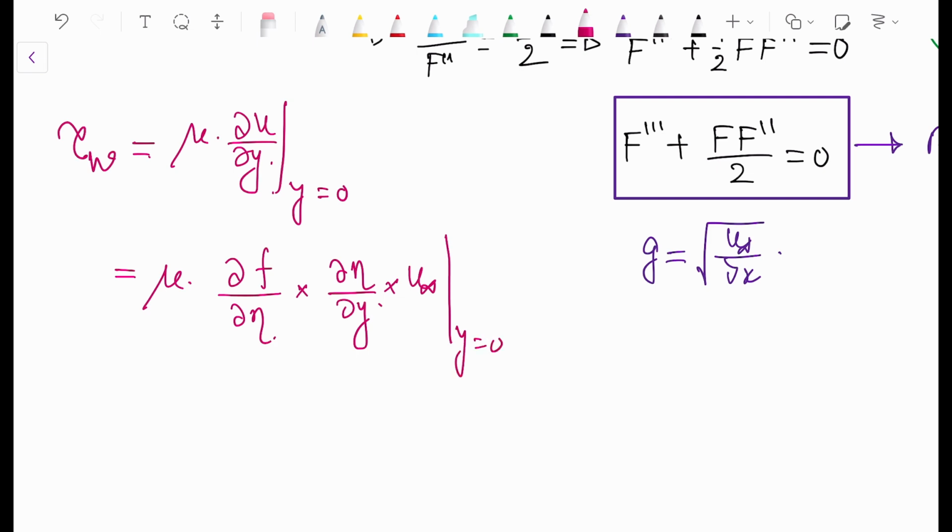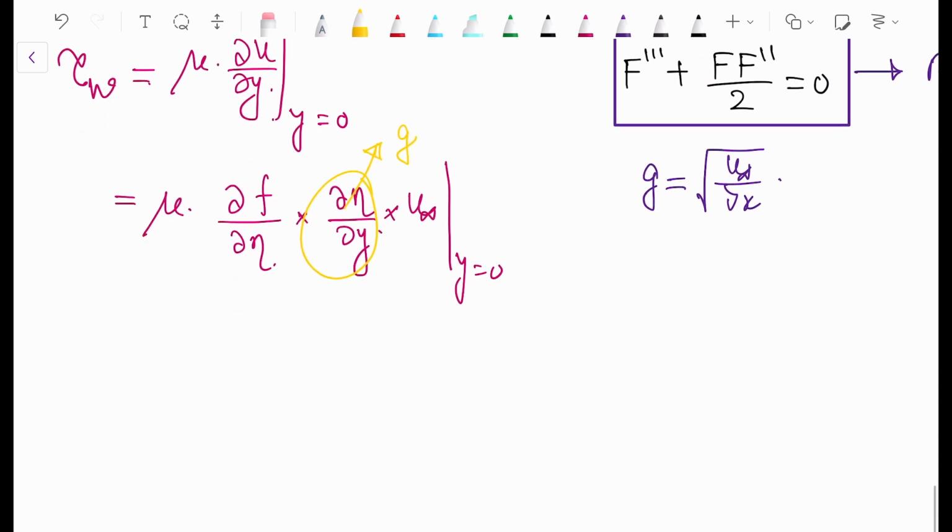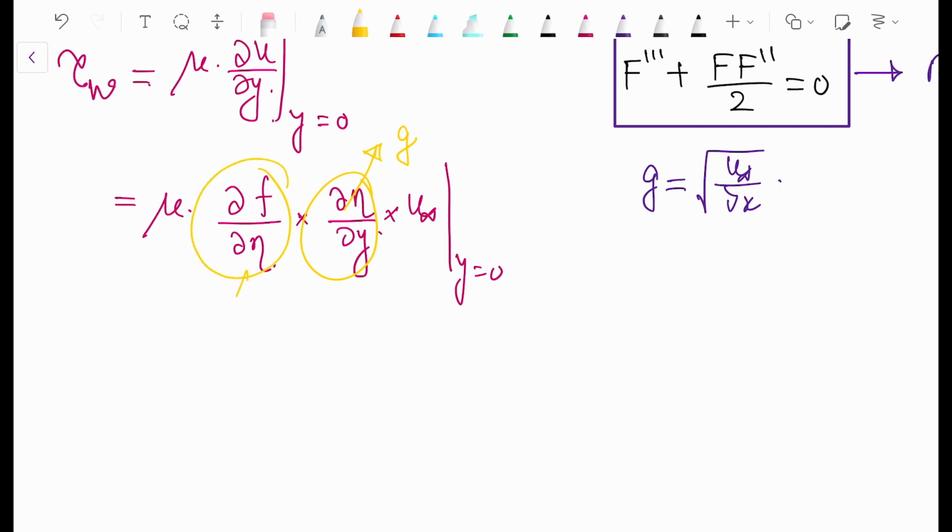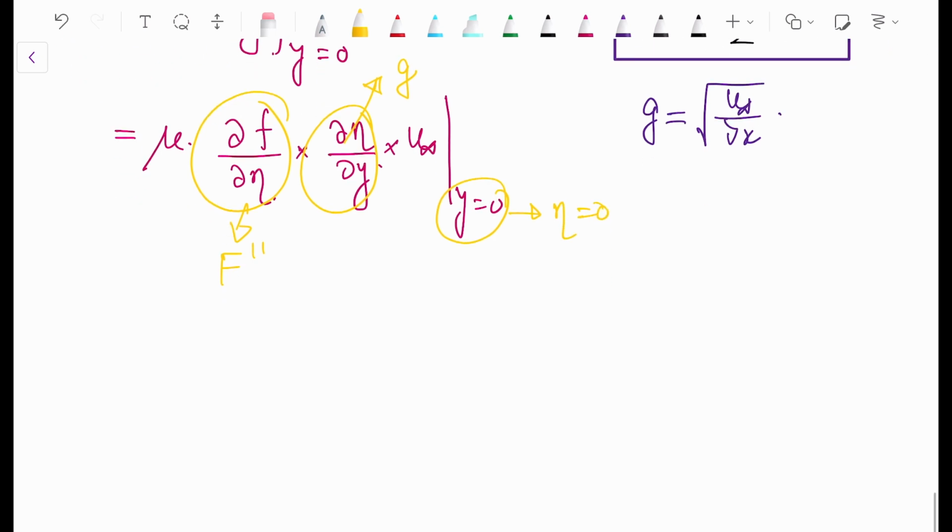So now just put the values. This is g, right, and in terms of capital F, this is f double dash. At y equal to 0 means at eta equal to 0.